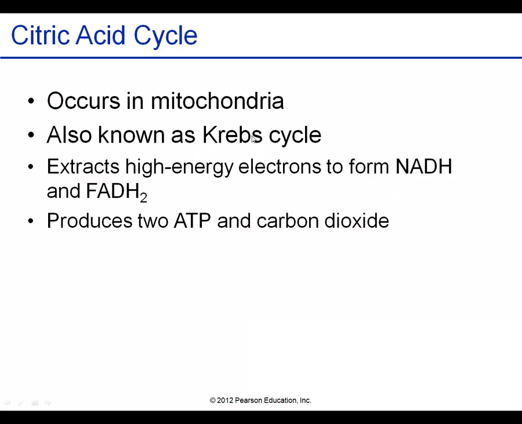Now, in the Krebs or citric acid cycle, the energy that will be extracted from the remaining 2 carbon molecules, which we call acetyl, is not that much. You will get only 2 ATP. However, most of your energy will be converted into NADH and FADH. So now you're having a little bit of ATP, but really most of the energy will be in the NADH and FADH format.